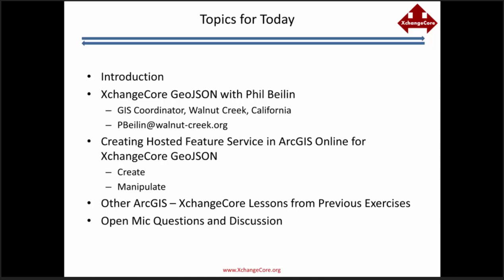ArcGIS Online brings them in, but doesn't give you a whole lot of capability to work with those. Other format is KML, which you use in Google Earth and a number of other applications, Google Maps and others. Again, very common format, has been out for well over a decade, and it can bring it in very easily into ArcGIS, but you don't work with it very well.